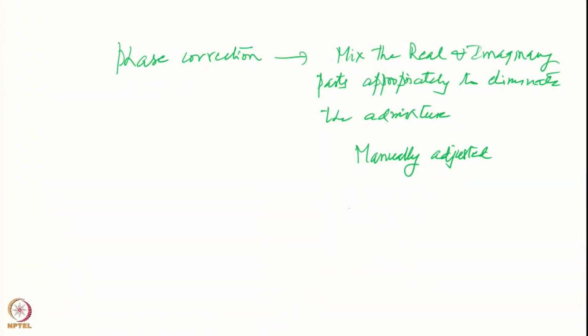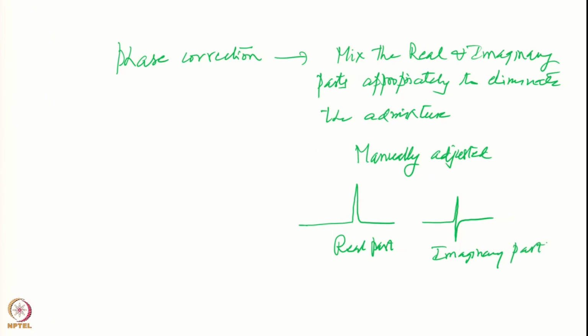After you have done that, you get a pure absorptive line for the real part and a pure dispersive part for the imaginary part. You generally do not use the imaginary part for other purposes. When you want to represent your spectrum, you only plot the real part, the absorptive spectrum, right.